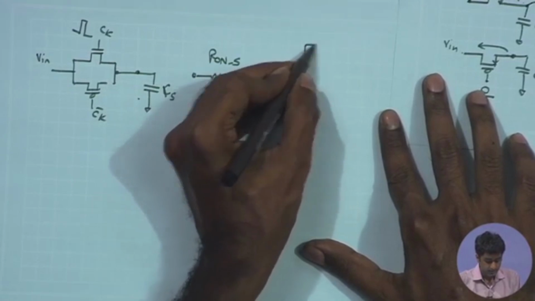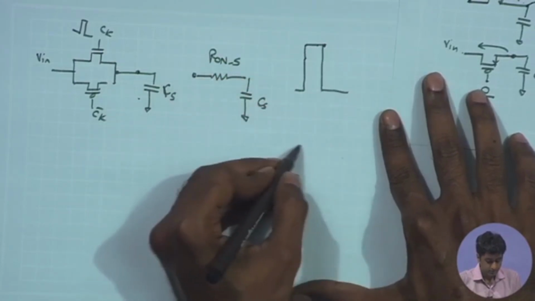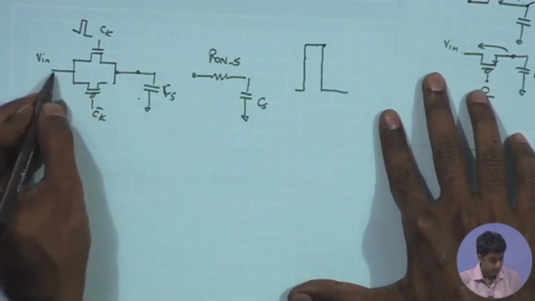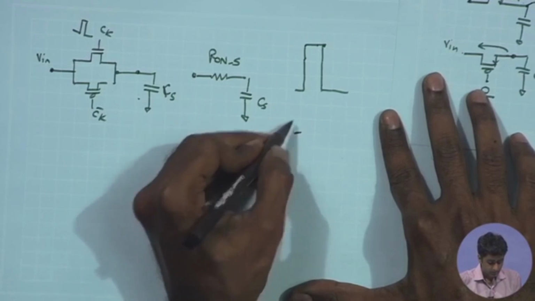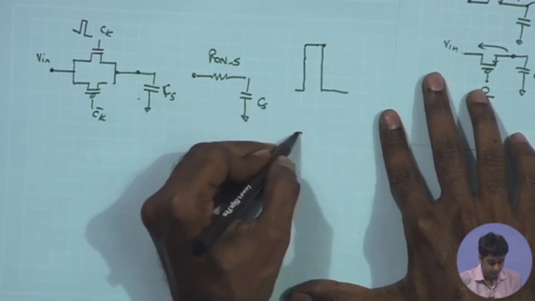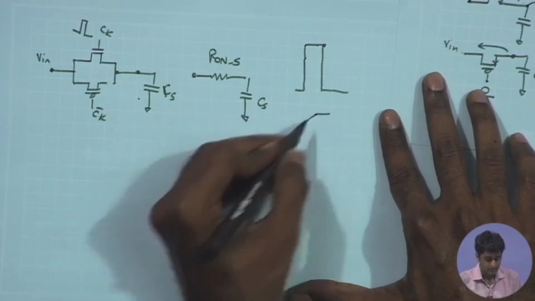So, you will be having a very narrow pulse with which you are trying to sample the input signal, and suppose the input signal is going high, the output signal will not be able to follow the step. So, it may stop at an intermediate point.